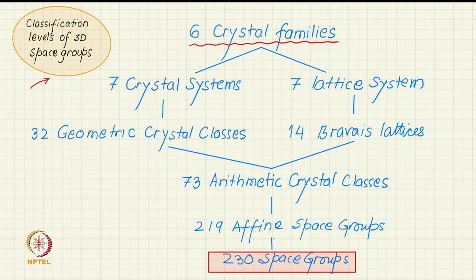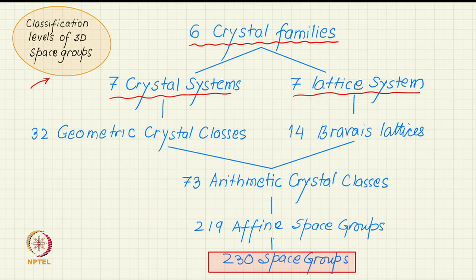A finer division is into 7 crystal systems or 7 lattice systems. One has to be careful: although the number is 7 in both cases, the 7 crystal systems are not identical with the 7 lattice systems. We have a video devoted to this distinction which will come later, so I will not spend time on it at this moment.